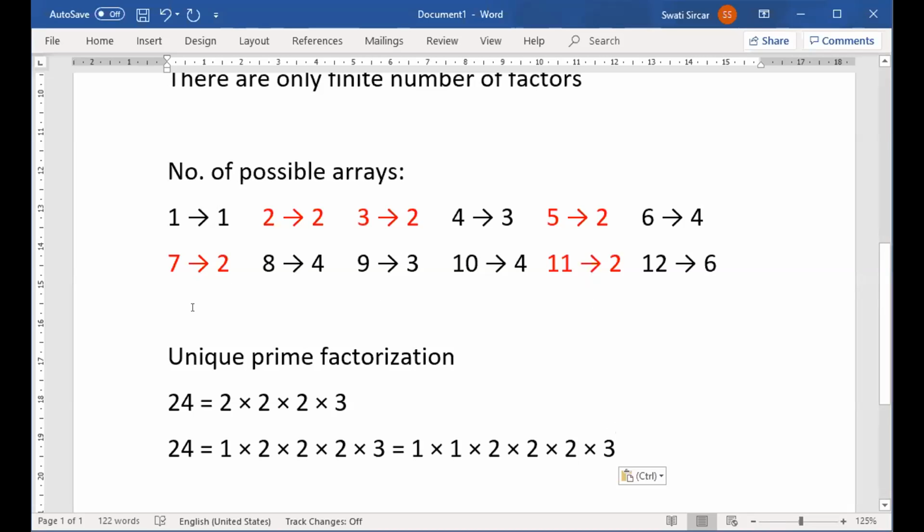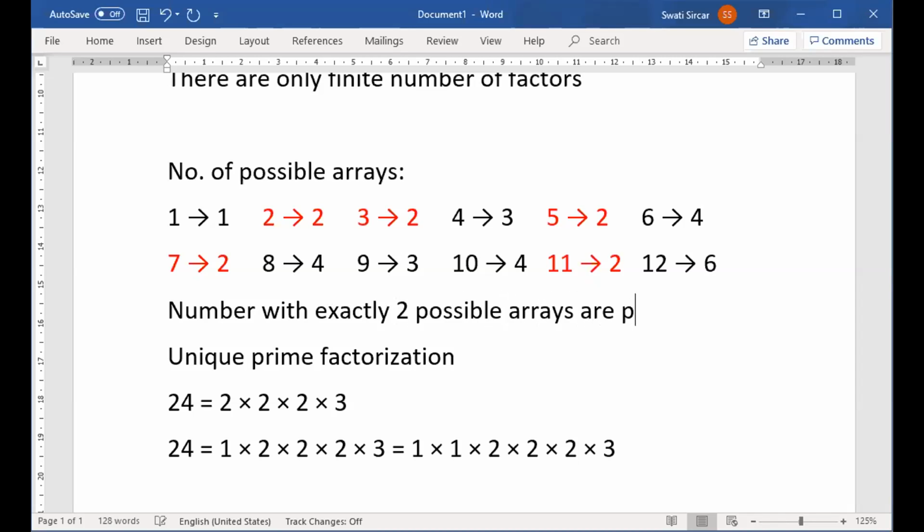So you can say that numbers with exactly 2 possible arrays are primes.